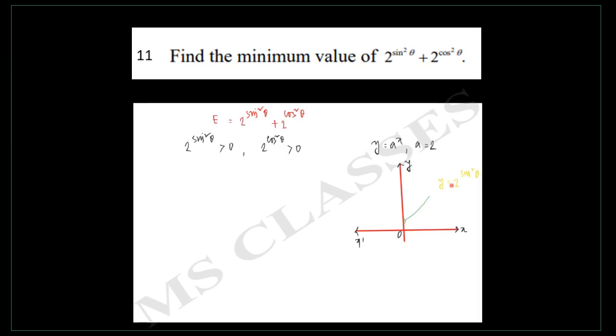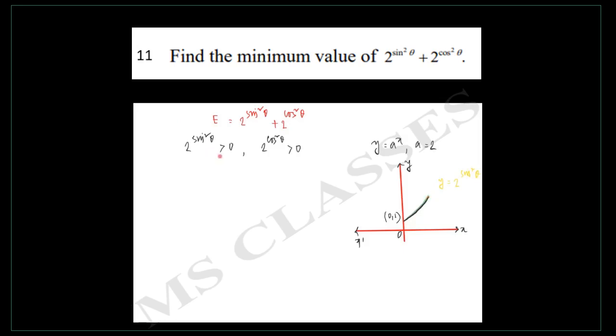So when it is 0 to 1, when it is 0, the graph will look like this. Something like this. Why? When sin is 0, then what do you have? 2 to the power of 0, that will be 1. And as the value of theta increases, automatically the value will increase.